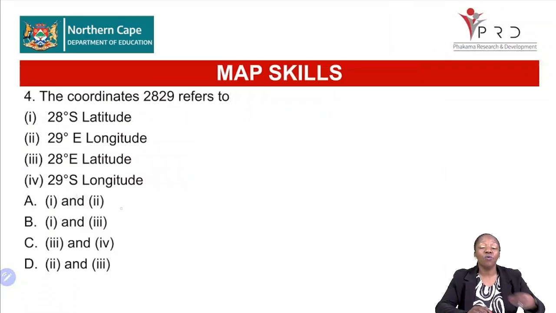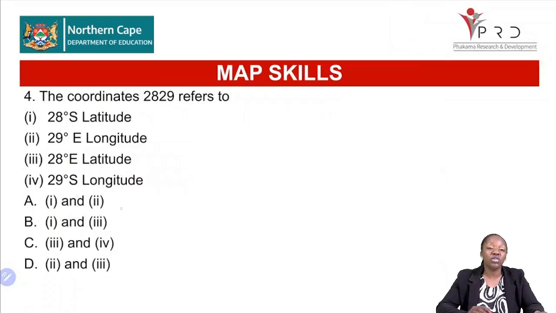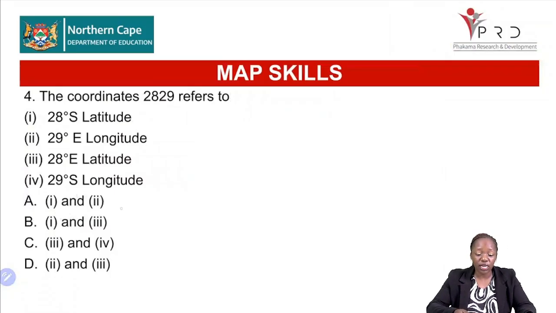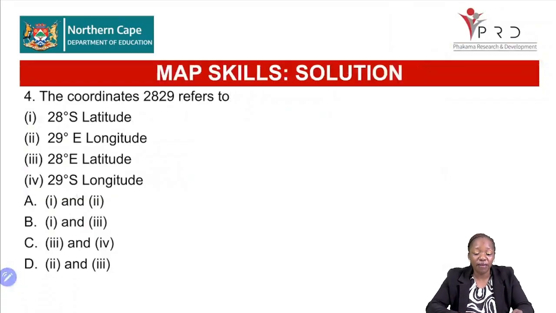Hence I've said, go back to grade 8 and 9 and remind yourself what your teacher told you about latitude as well as longitude. You need to locate them according to their coordinates. I believe we are done with our combination. So we're looking at the 28 as well as 29 coordinates.